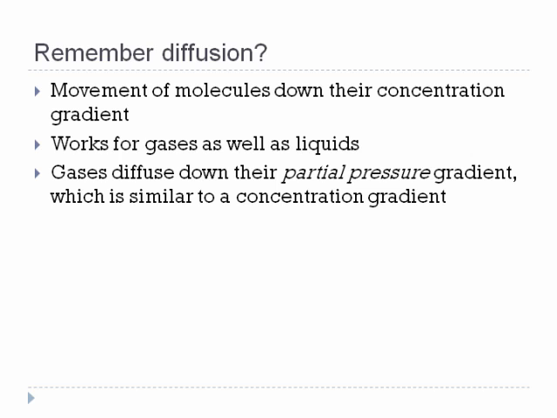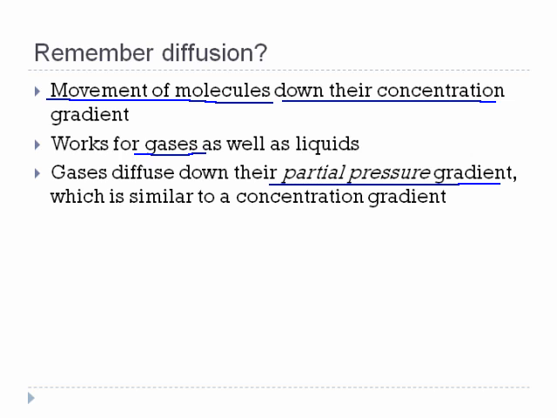So when we talked about diffusion, diffusion was movement of molecules down a concentration gradient, from an area of high concentration to an area of low concentration. It's the same for gases like oxygen and carbon dioxide. They'll diffuse down their partial pressure gradient, which is similar to a concentration gradient.